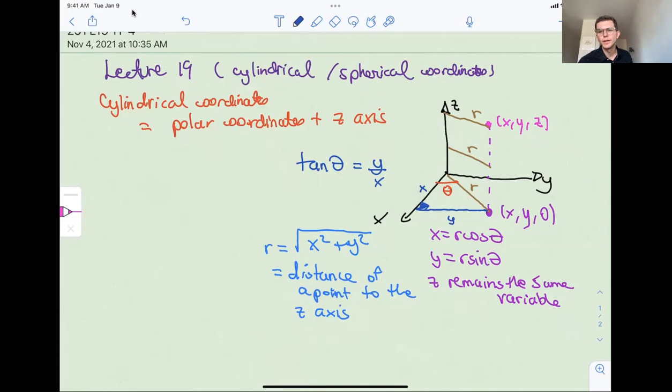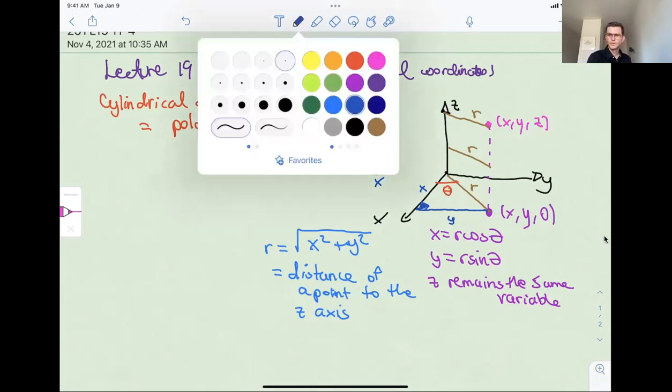Think of this as polar version 2.0, because the bounds are going to be found in a very similar way as we did in polar coordinates. So far so good. Any questions?